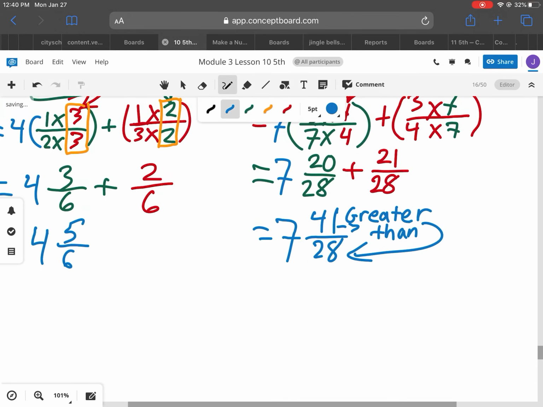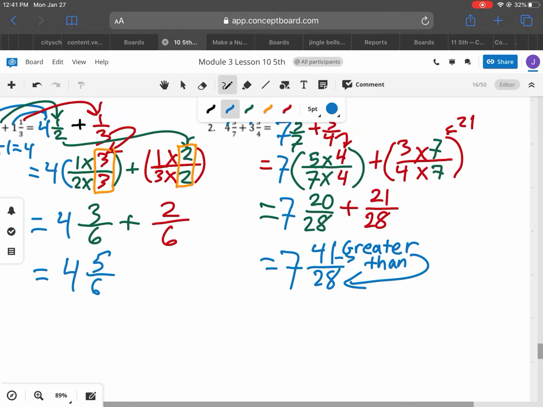So therefore, this is an improper fraction. So if I do a simple thing as in subtracting this, 11 minus 8 is 3. 3 minus 2 is 1. So I have 13/28ths.